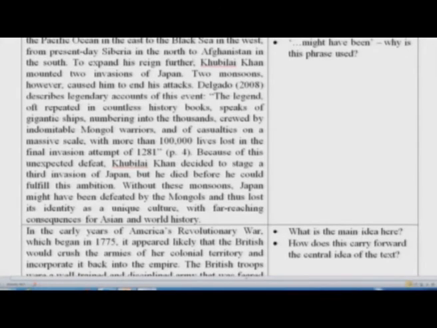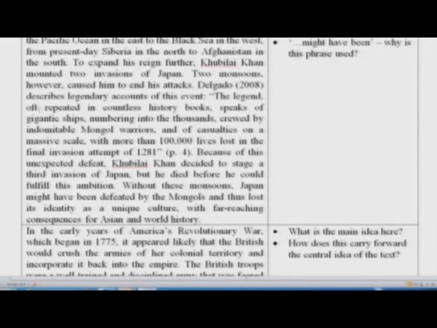To expand his reign further, Kublai Khan mounted two invasions of Japan. Two monsoons, however, caused him to end his attacks. Delgado, 2008, describes legendary accounts of this event.